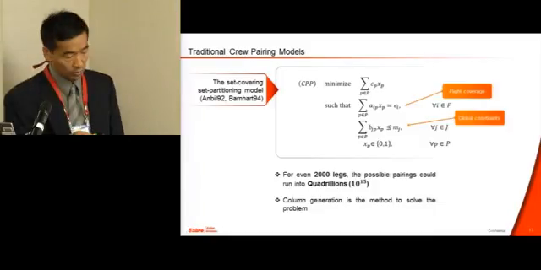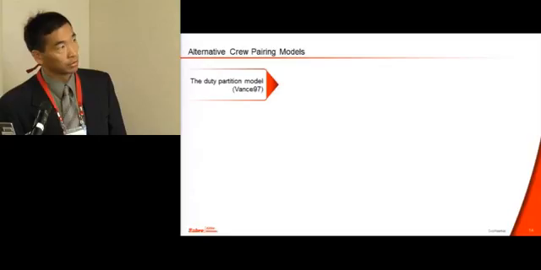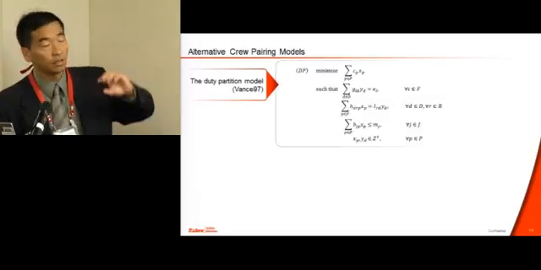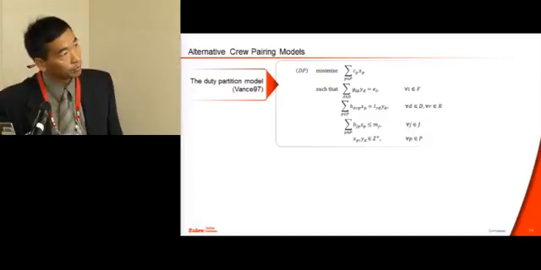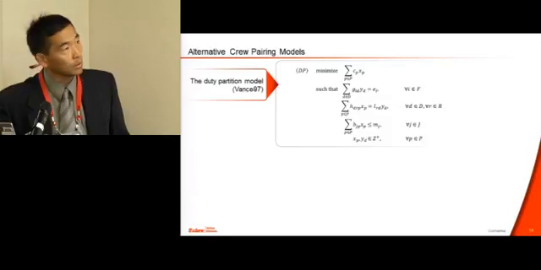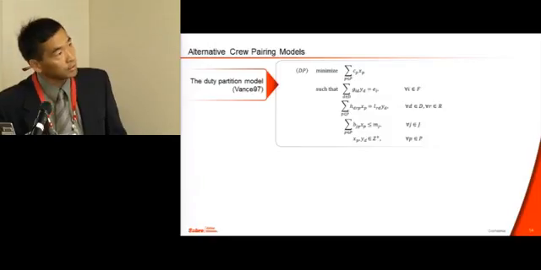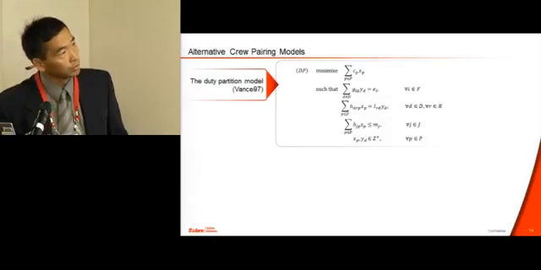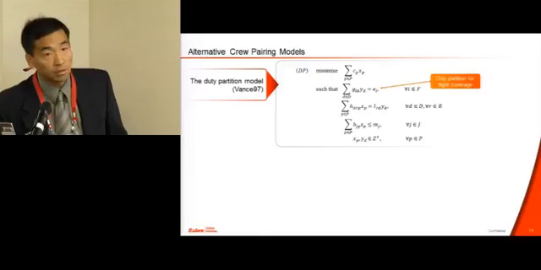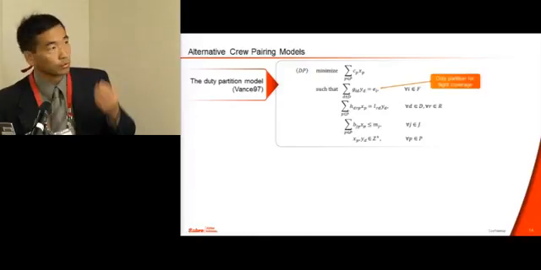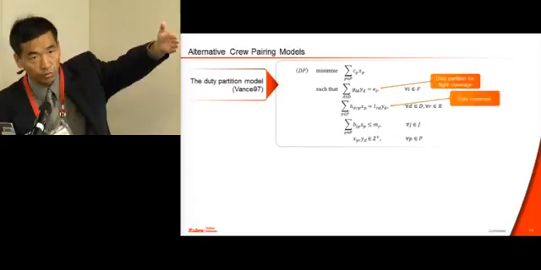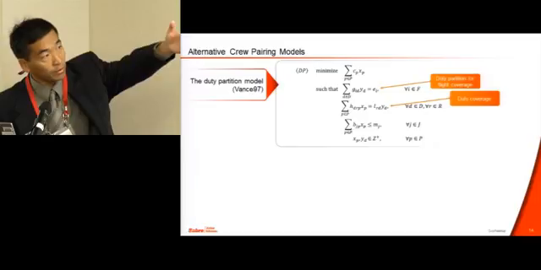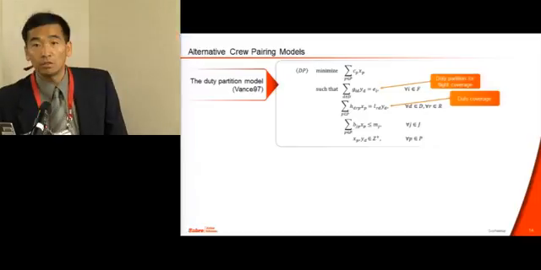There's an alternative model in the literature by Vance in '97, which splits the flight coverage constraints into 2 sets. They introduced another variable, a duty selection variable. The flight coverage constraint was split, using the duties to partition the flights to satisfy your crew requirement. The second set of constraints ensures that the pairings you pick on the left-hand side only use the duties you picked in the first set.